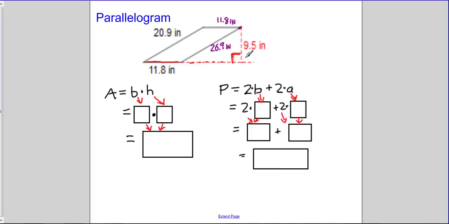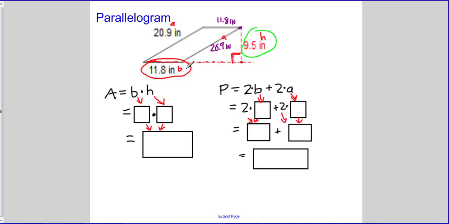We have to extend the base, but where the extension of the base and the height intersect at a right angle, there's your height, which is 9.5. So that's my height. This is my base, B. And in my formula for perimeter, I'm using A, so the other sides here are A.